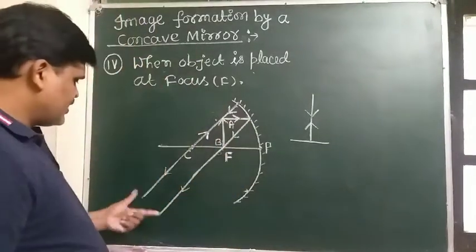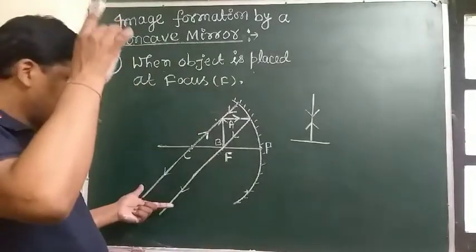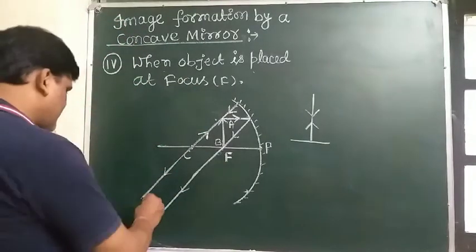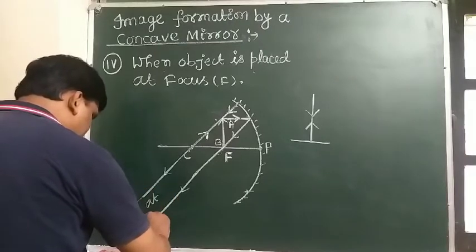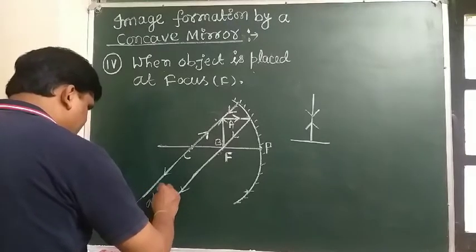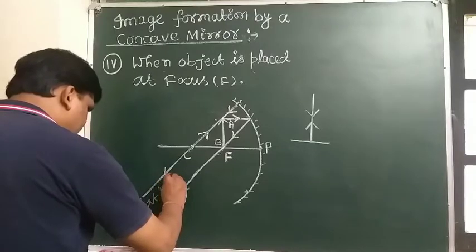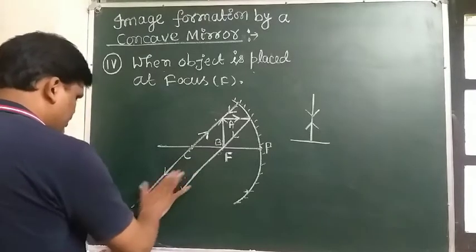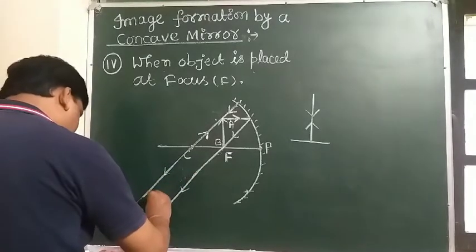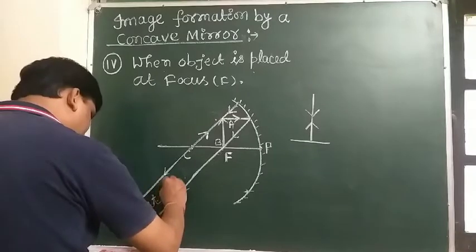Imagine this, they will intersect at infinity. It means these reflected lights meet at infinity, which in symbol we write as infinity.